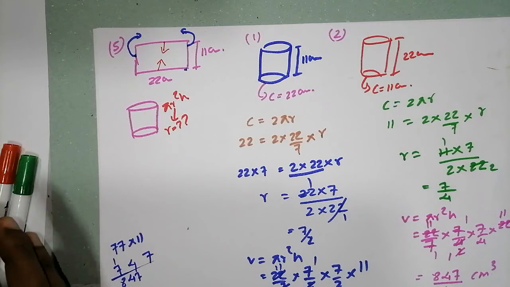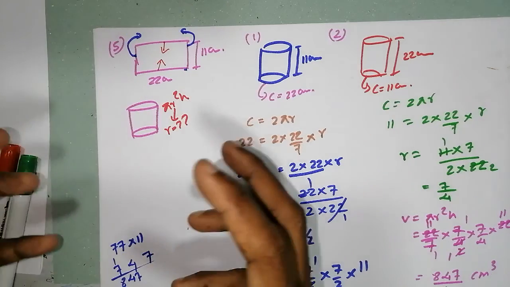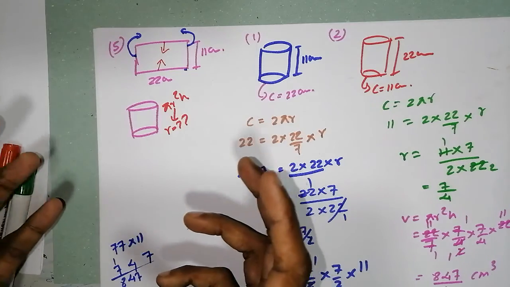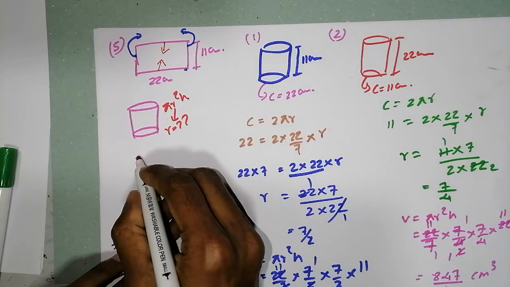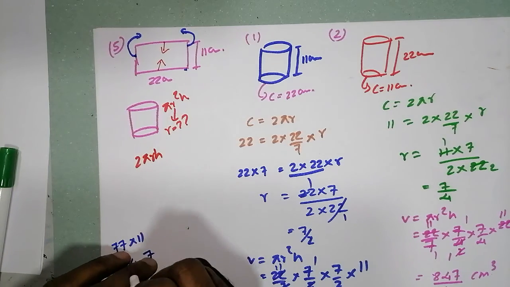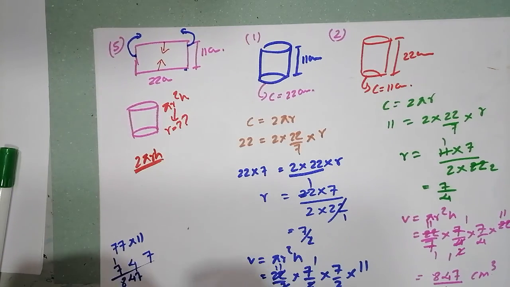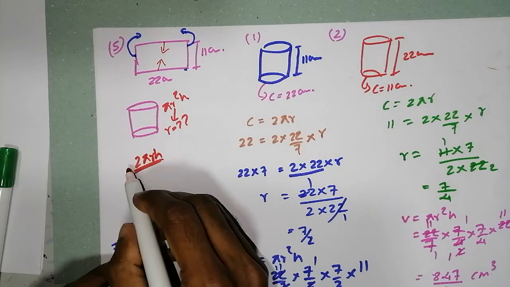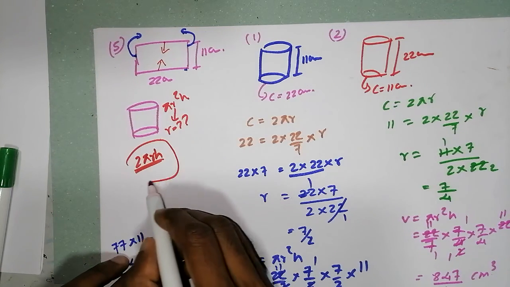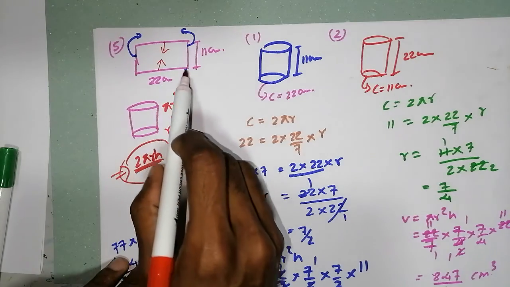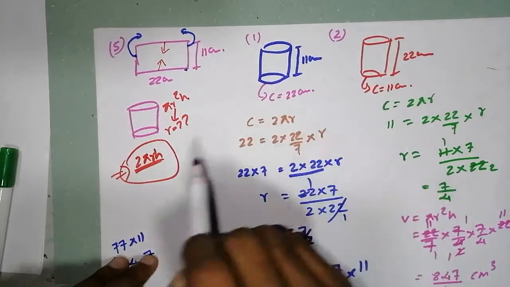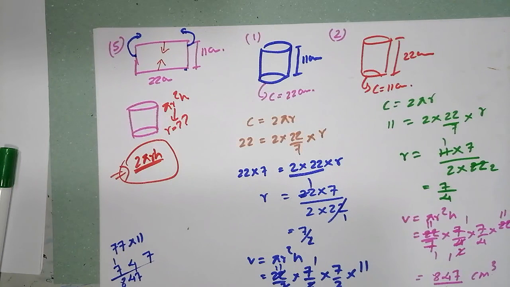You know how the surface area equation is created, how we create 2 pi r h. The basic idea of creating the surface area 2 pi r h is used to create these cylinders with these rectangular sheets. Okay, we'll move on to the other question.